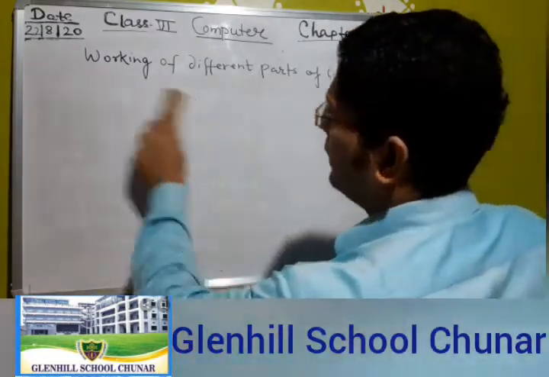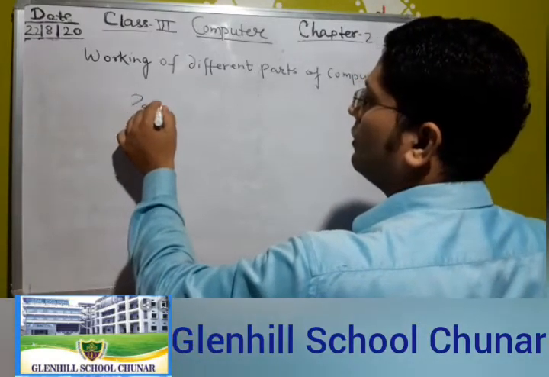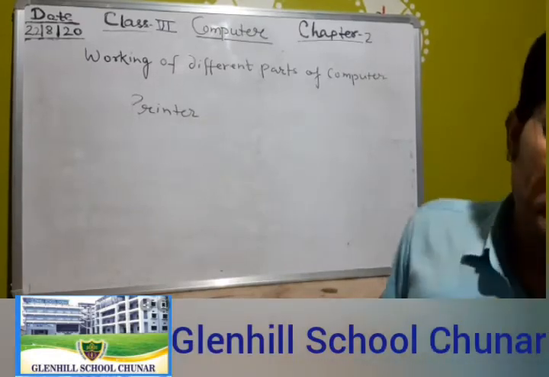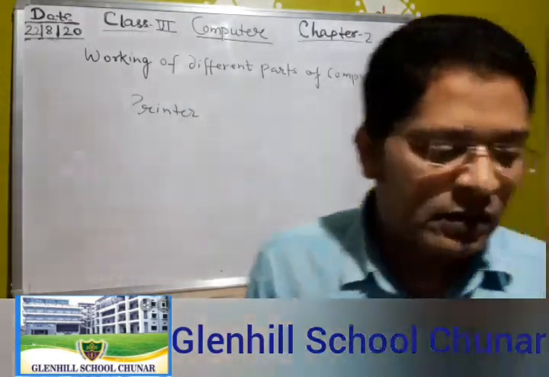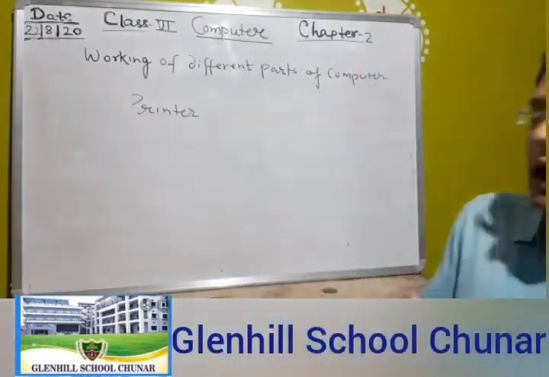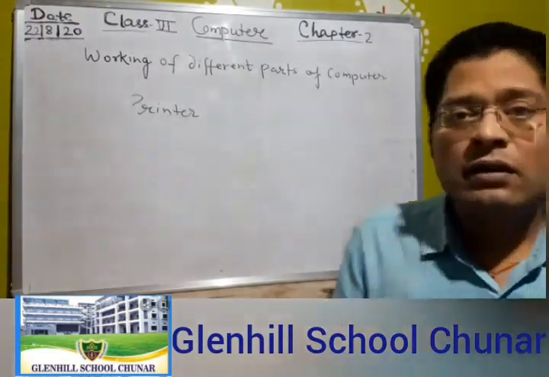So printer is an output device, and the printer gives a permanent output on paper, and the output given by the printer is referred to as hard copy, okay student, or print out.